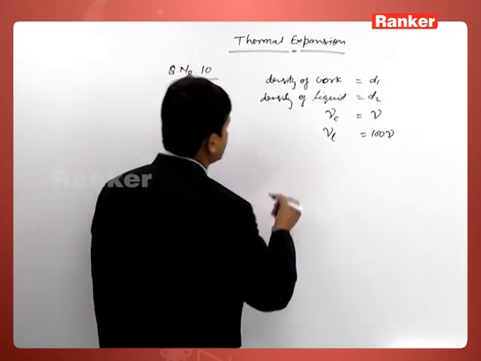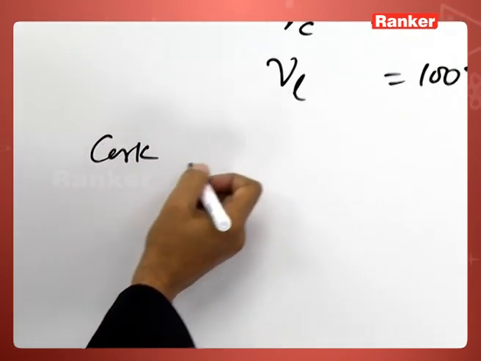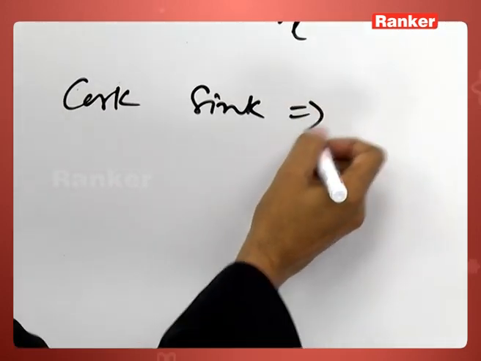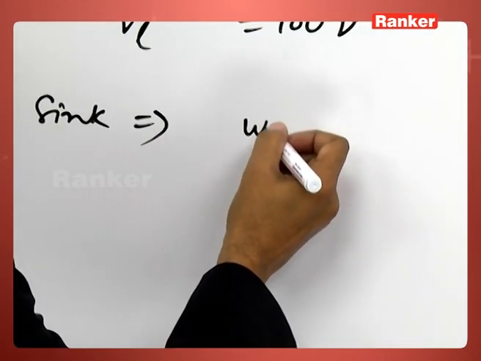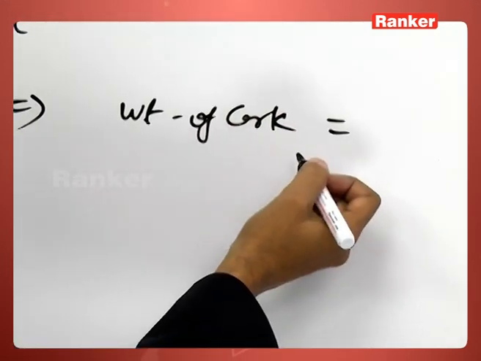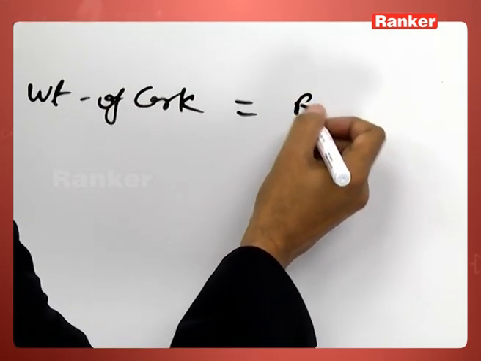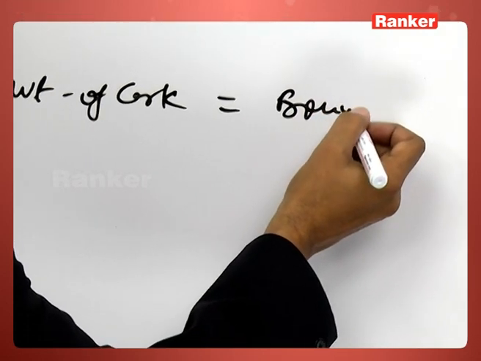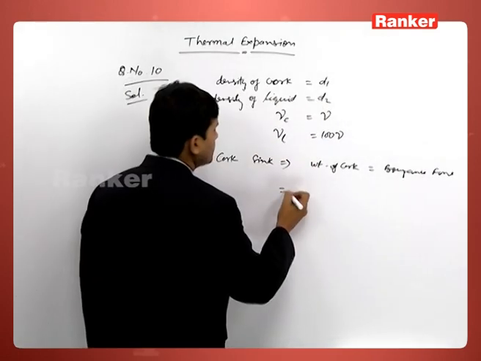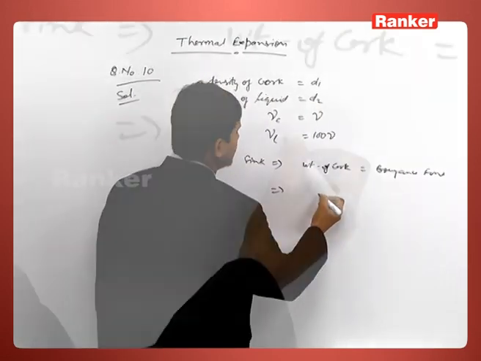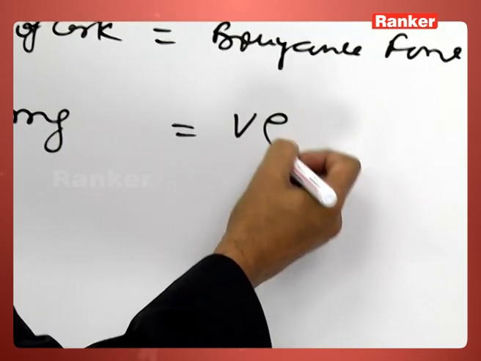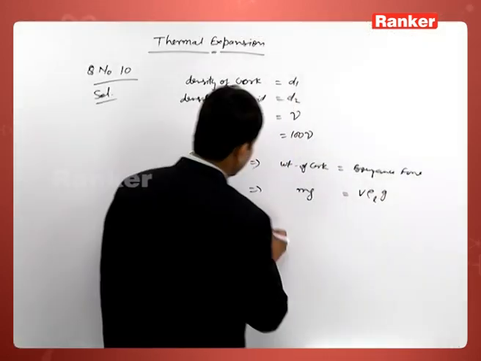See, cork sink means that gives us weight of cork equal to the buoyant force. Weight of cork is m into g, buoyant force is V into density of liquid into g.